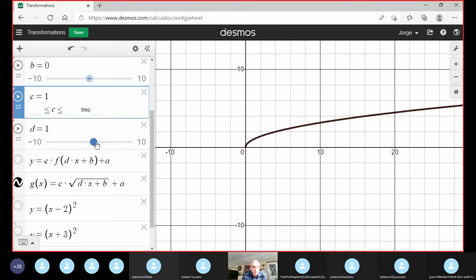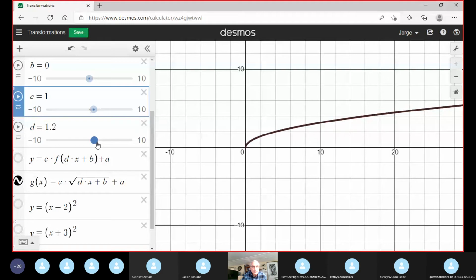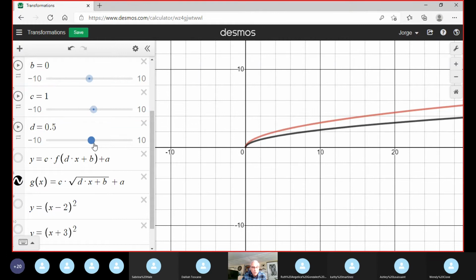Suppose que D is greater than 1: 2, 3, 4, 5. Suppose now que D is less than 1. Suppose 0.5. No, too much.